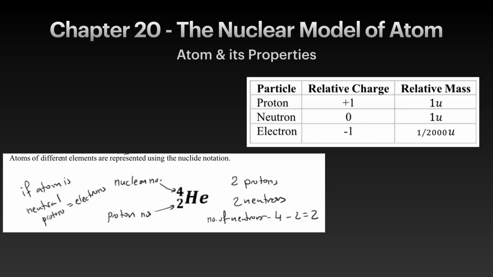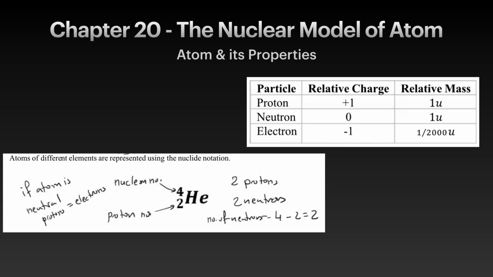Next, let us revise the nuclide notation, a simple but powerful way to represent any nucleus. In nuclear physics, we represent isotopes using the notation A over Z followed by the element symbol. The mass number A is written as a superscript on the top left. It represents the total number of protons and neutrons in the nucleus.